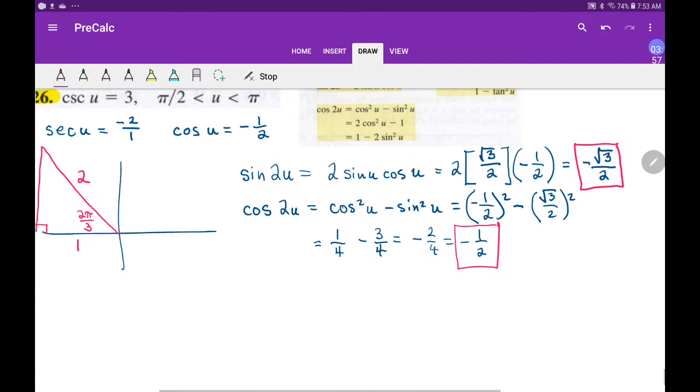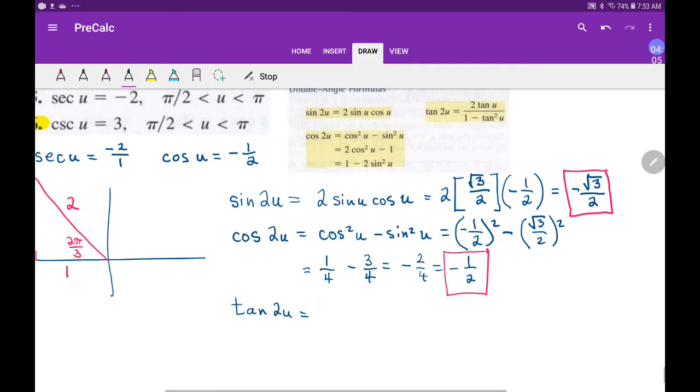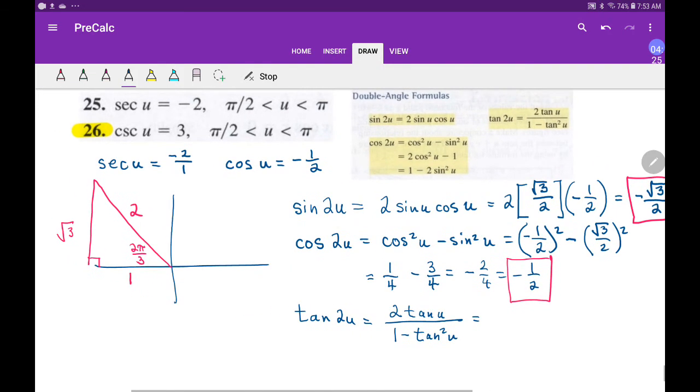And then let's see, we have the tangent of 2u. And that's a strange one. You look up there and you say, okay, the tangent of 2u is 2 tangent u, almost like we could factor out the 2, which of course we can't, unless we put this on the bottom, 1 minus tangent squared u. Okay, so what's the tangent of u?